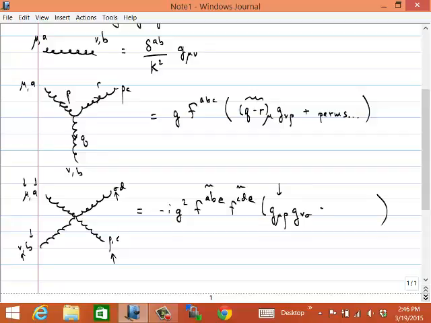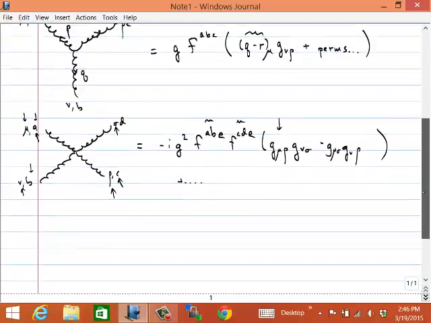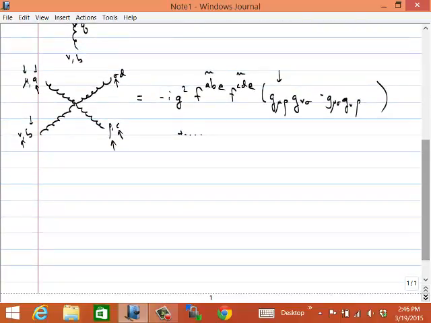There's a next term where the mu pairs up with the sigma, and the nu pairs up with the rho. And then there are various other terms that appear. So for example, you have to pair that A index up with the C guy, and then talk about the various different ways that those Lorentz terms appear. And you get a total of 6 different terms here with various signs. You can see pretty quickly why it is that these Yang-Mills scattering calculations can get pretty complicated pretty quickly.